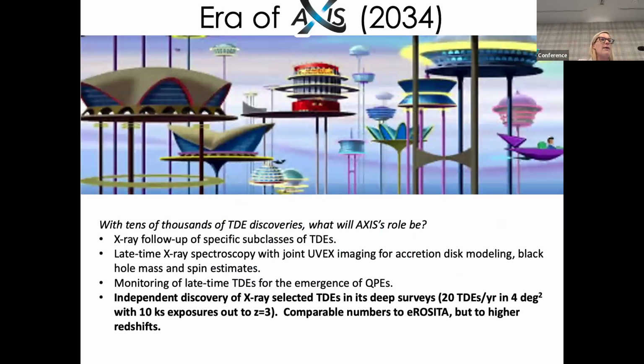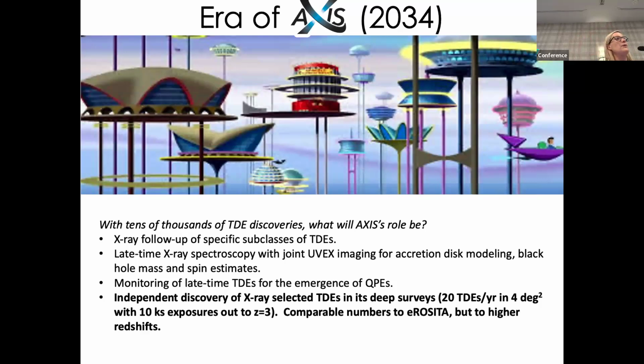You could also use AXIS to discover tidal disruption events, and in particular, not depend on all these other wavelengths, but really discover them in the X-rays. However, the numbers are not going to be huge, so we're not talking thousands or hundreds of thousands. We're talking more like tens of TDEs from my calculations using some AXIS surveys.